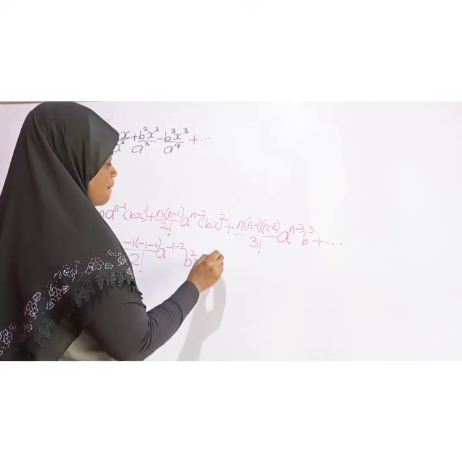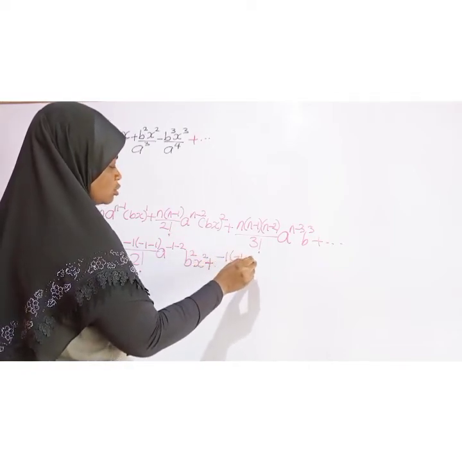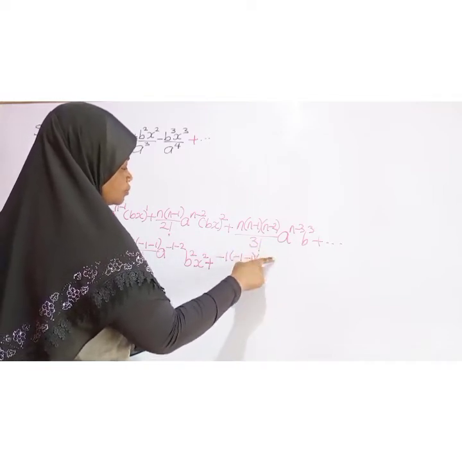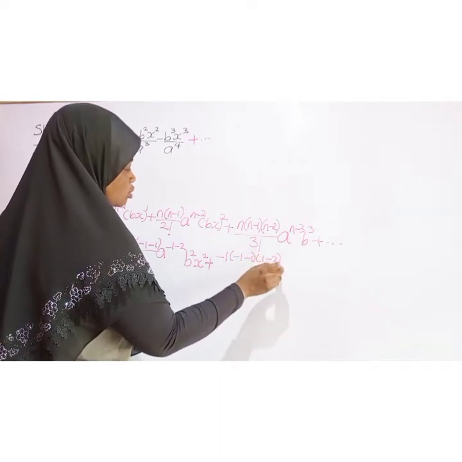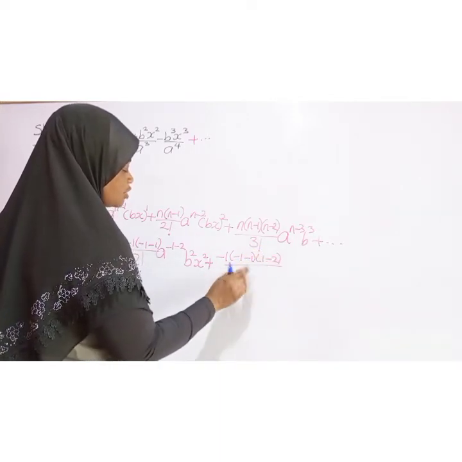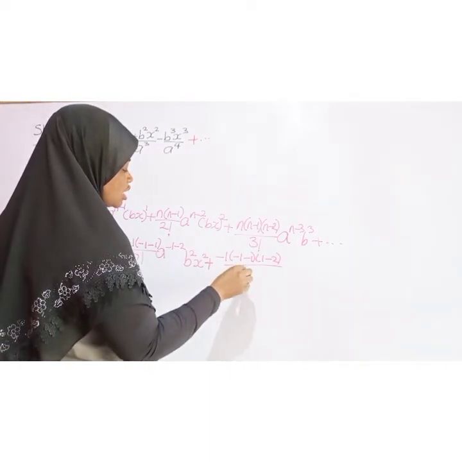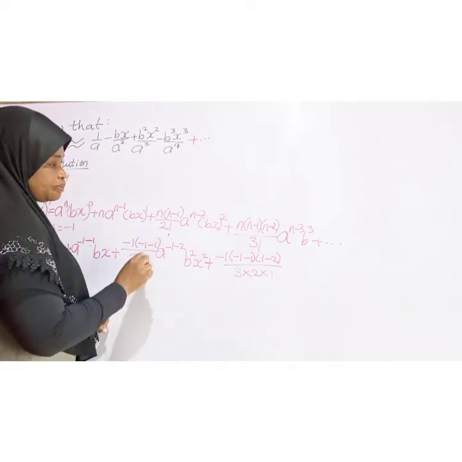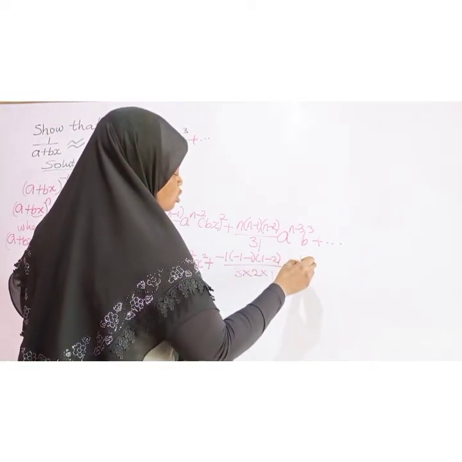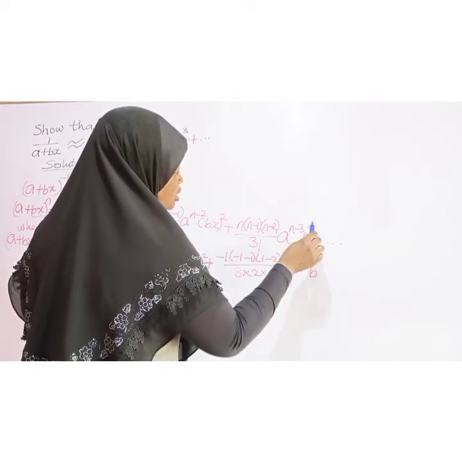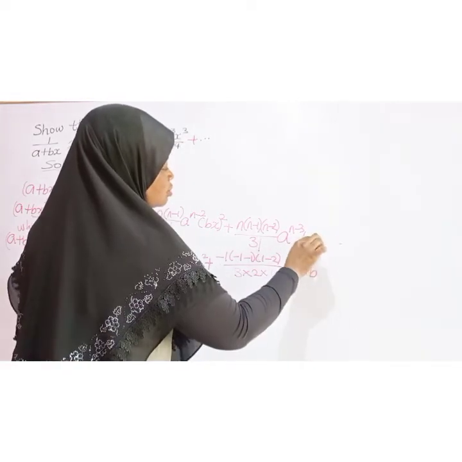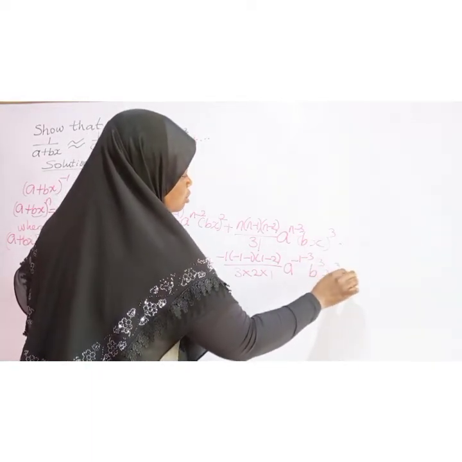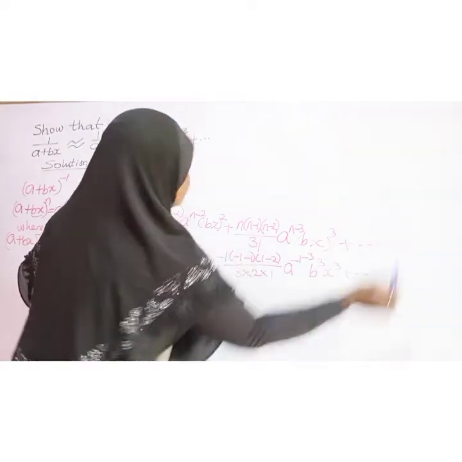Then plus minus 1 into bracket minus 1 multiplied by minus 1 minus 2 over 3 factorial. And 3 factorial is equal to 3 times 2 times 1. Then a raised to power minus 1 minus 3, bx raised to power 3. So we have b cubed x cubed plus it continues.